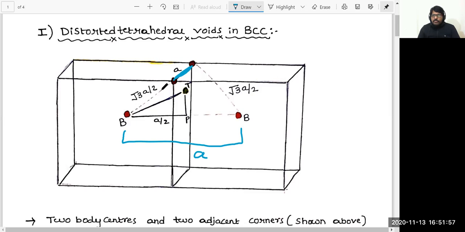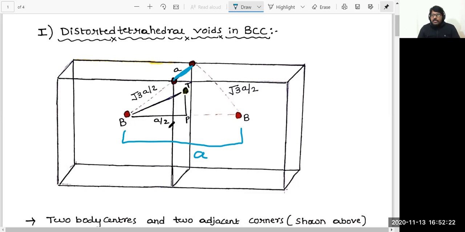This is the fifth edge, root 3a by 2. This is another edge, also root 3a by 2. Out of 6 edges, 2 edges have the length a, the remaining 4 edges have the length root 3a by 2. Hence, the tetrahedron formed by these 4 particles is not normal, it is an irregular, distorted tetrahedron.